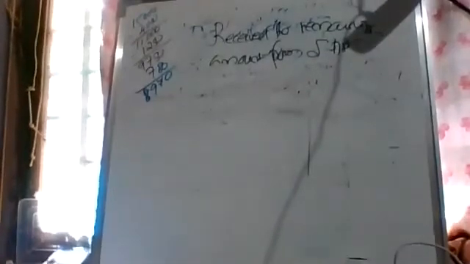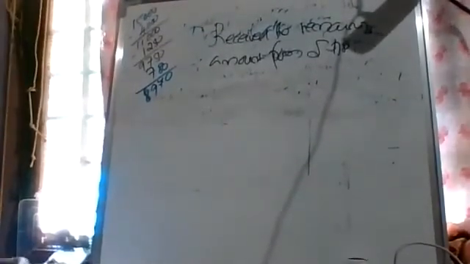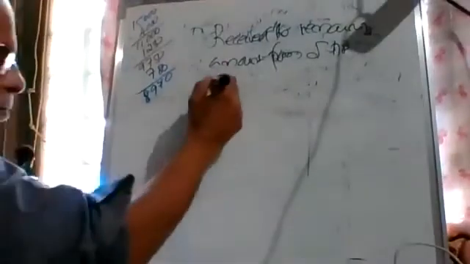We are receiving some amount from sundry debtors. What's the journal entry? Cash account debit to sundry debtors. Congratulations. Correct answer.